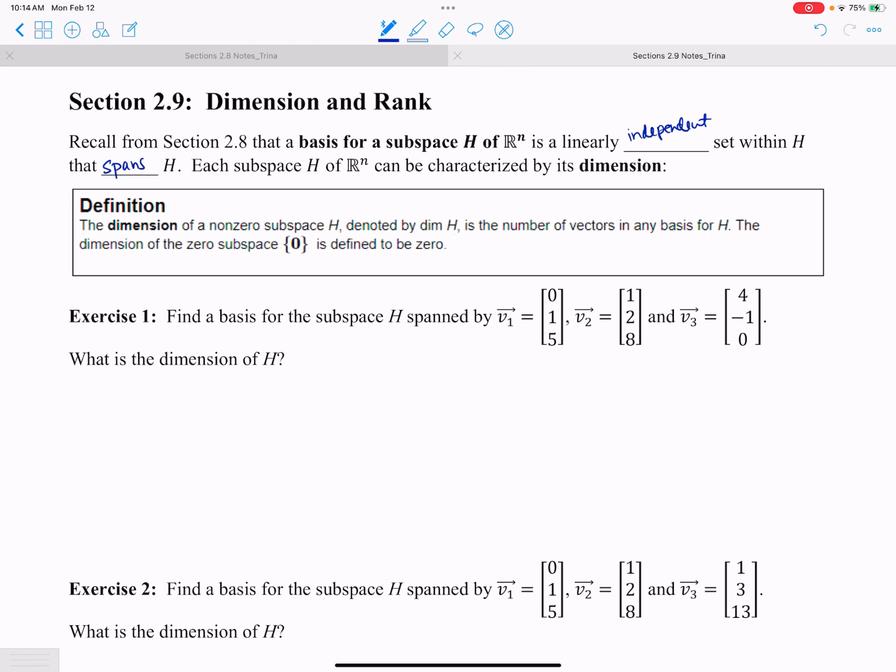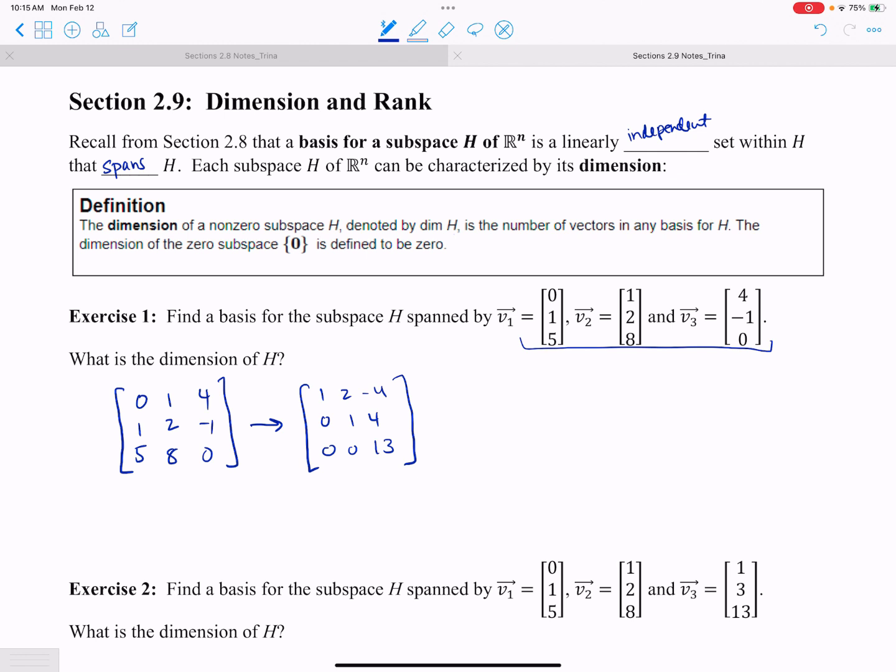Exercise 1 says find a basis for the subspace H spanned by these three vectors. So the question is, are these independent and do they span all of R3? So let's augment and row reduce.